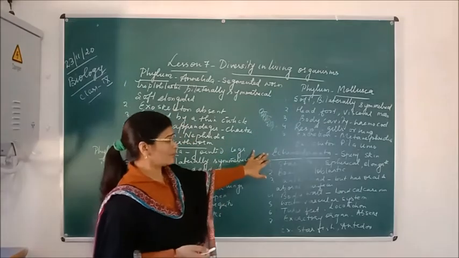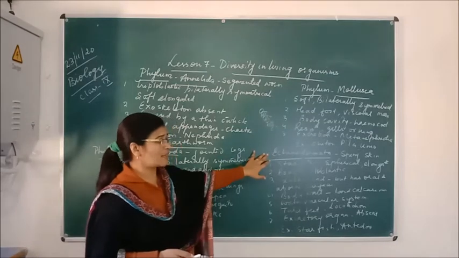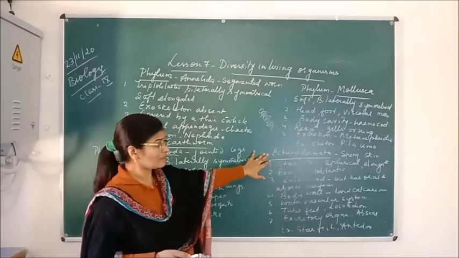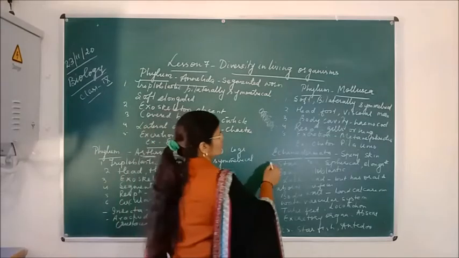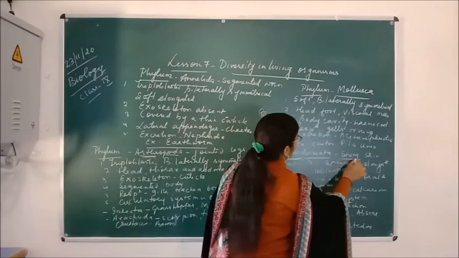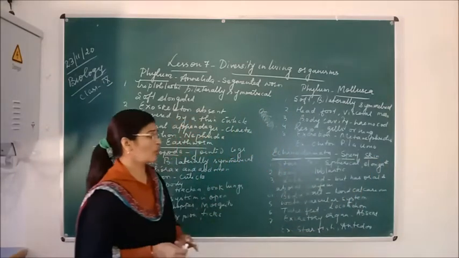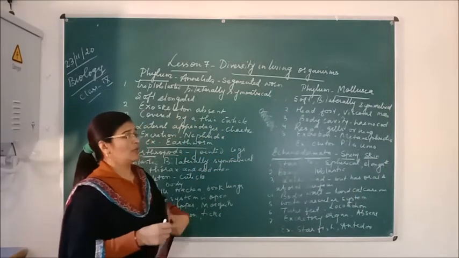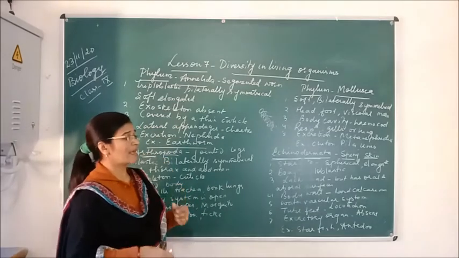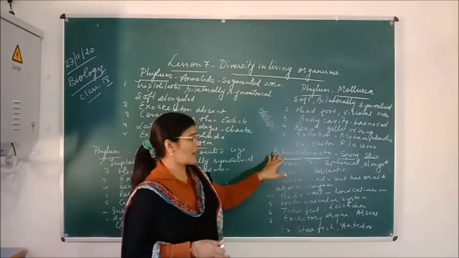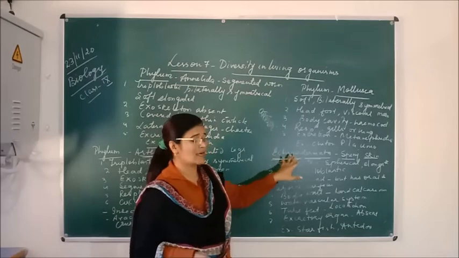And the last one which I will tell you today is the phylum Echinodermata. It is also derived from two words: echinus means spiny and dermata means skin. So it has spiny skin. All animals which have spiny skin belong to the phylum Echinodermata.